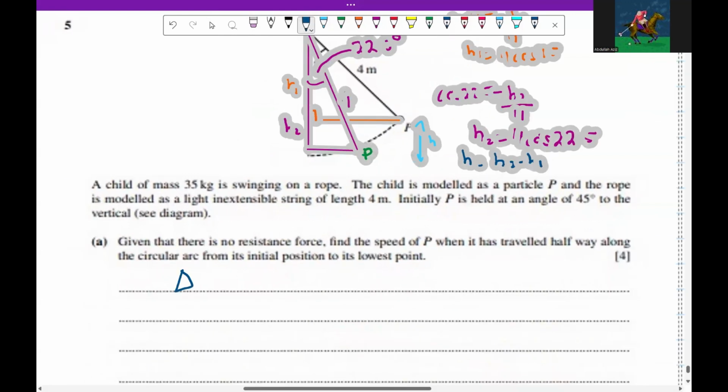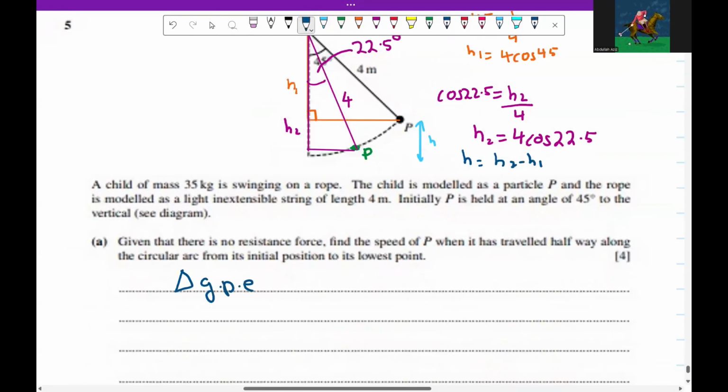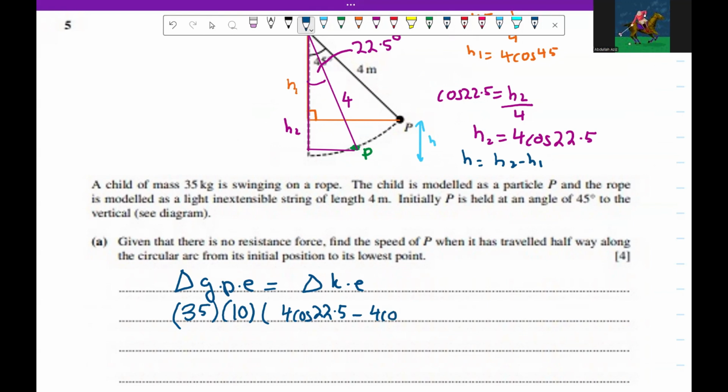So change in GPE equal to change in kinetic energy. Change in GPE is basically 35, which is the mass, times 10 times 4 cos 22.5 minus h1, 4 cos 45, equal to half m v square.